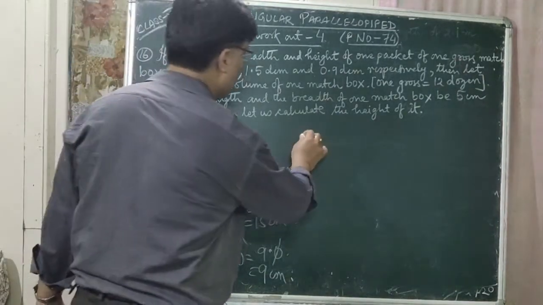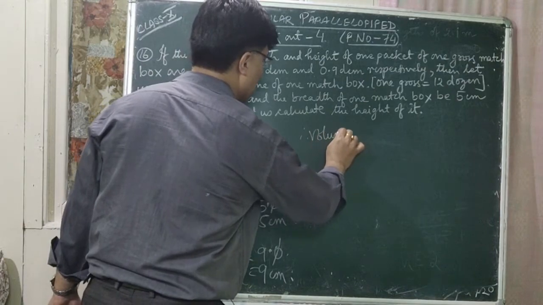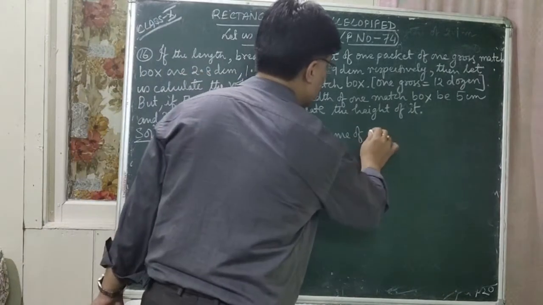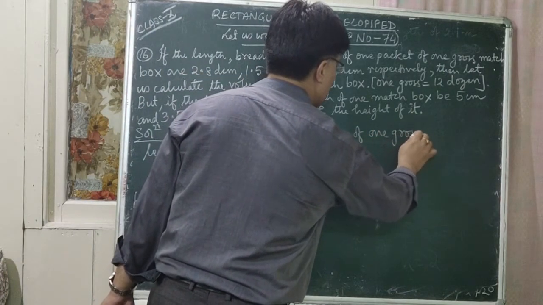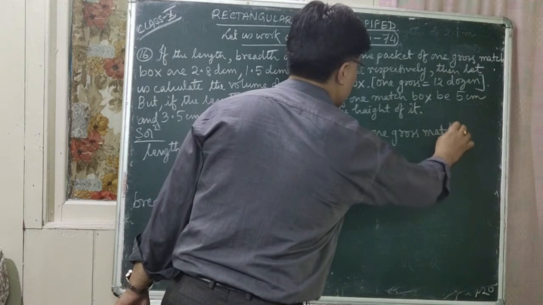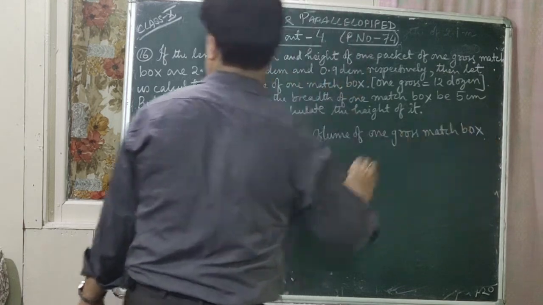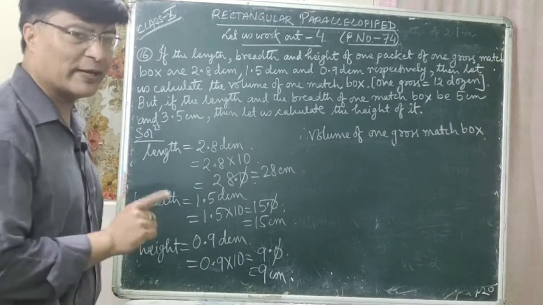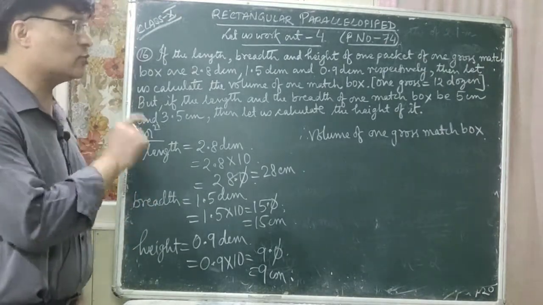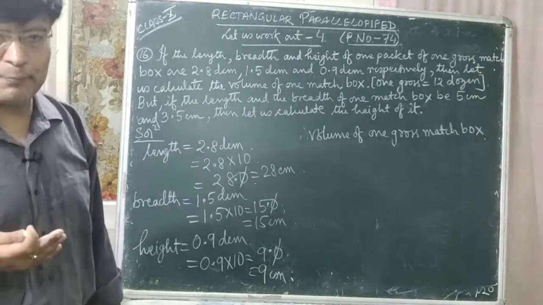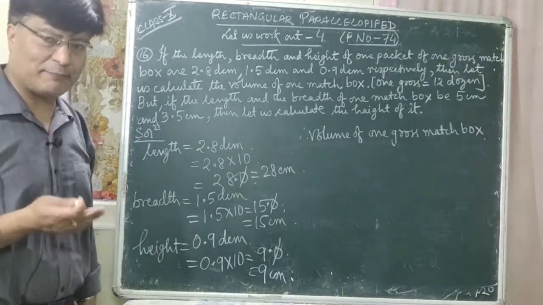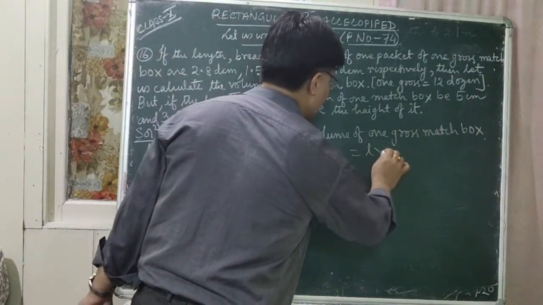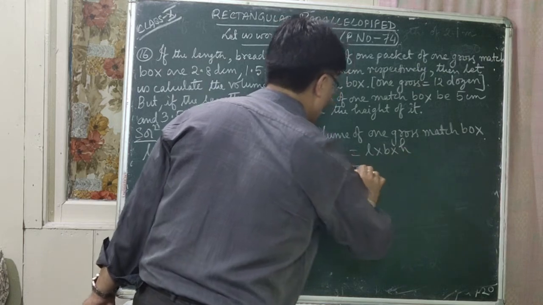So write down, therefore volume of one gross matchbox is equal to, what is the formula? It is length into breadth into height, because this one gross matchbox is of rectangular parallelopiped shape or cuboid shape.